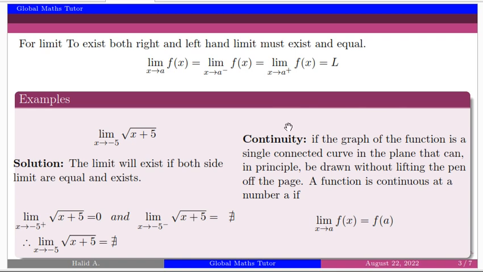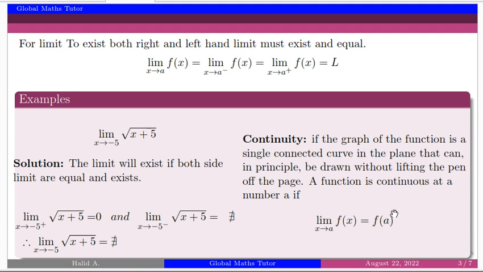Mathematically, we can define this statement for a point. If the function is continuous at a number or at a point a, then the limit of this function must be equal to f at that number.